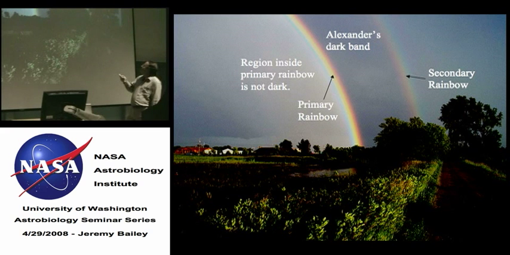There's light scattering at all these angles, as well as the actual rainbow angles, but we only actually see the colours at this turnaround point, at the minimum scattering angle the light can reach. Whereas this region here is actually dark. There's no light scattering off the water droplets into this region, and then outside the primary rainbow you get a secondary rainbow, and you get another bright region here, and that's light that reflects twice inside the water droplet.